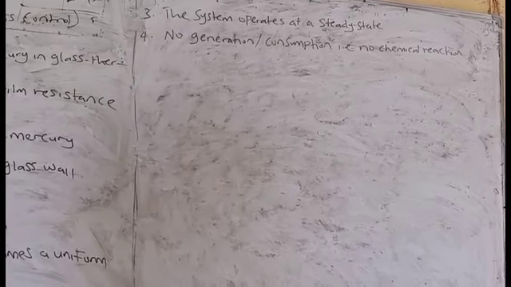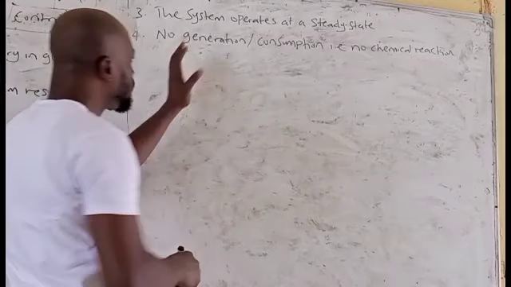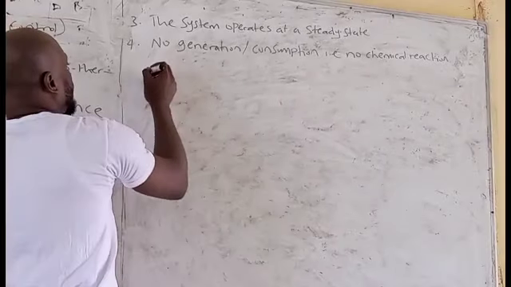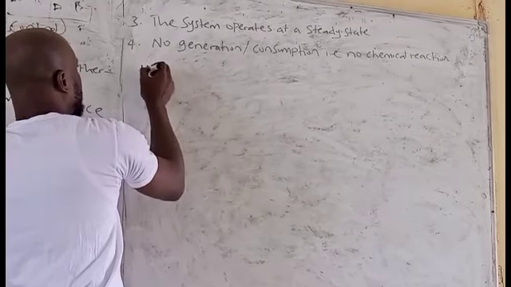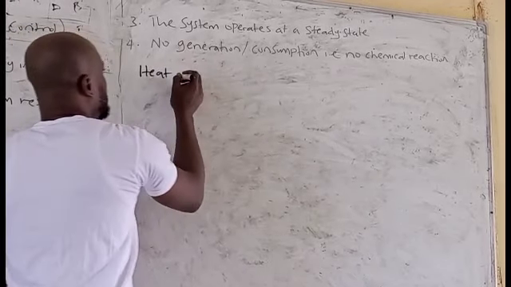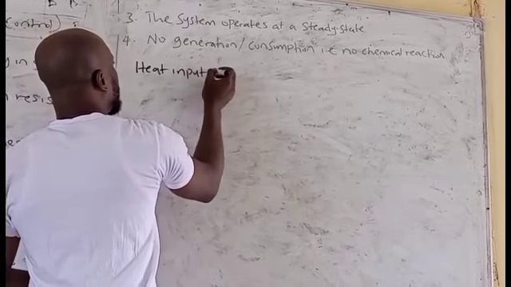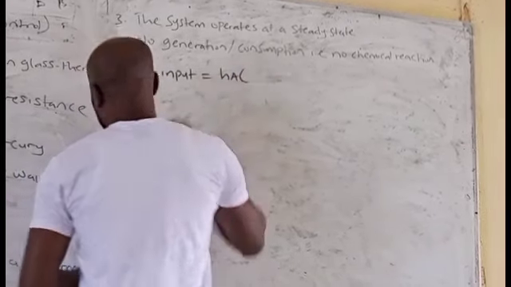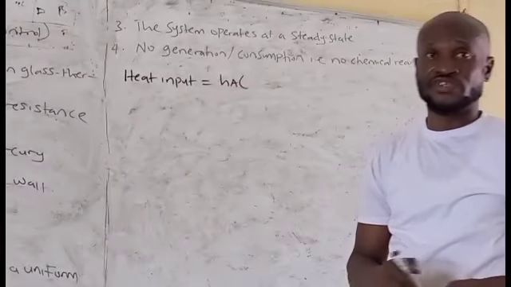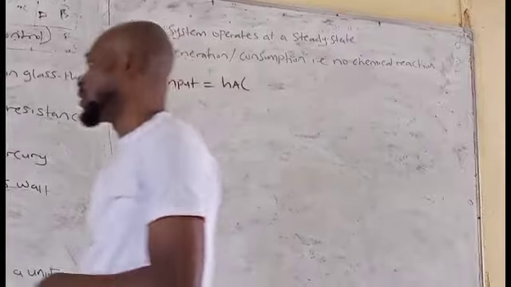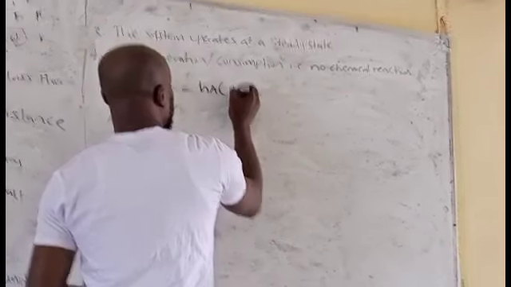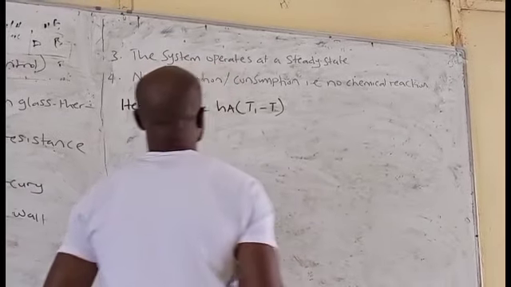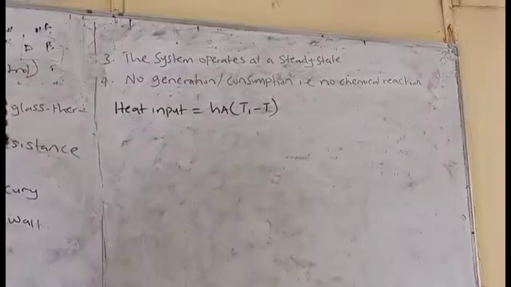From here, we're going to look at the general energy conservation equation. But before that, let's look at the heat input. The heat input will give you hA, where h is the heat transfer coefficient and A represents the cross-sectional area, multiplied by the surrounding temperature T1 minus the temperature here, which is T. So that gives you the heat input.